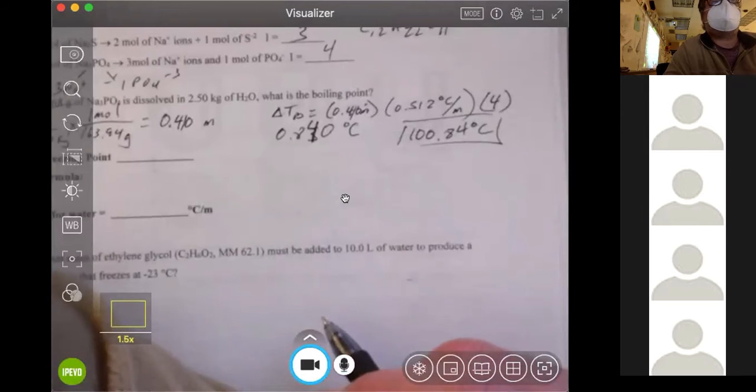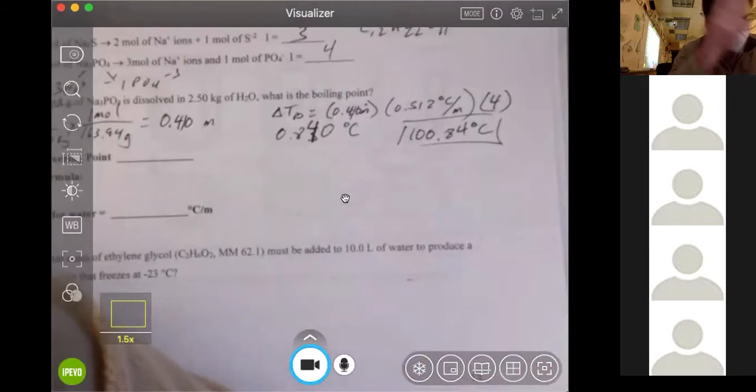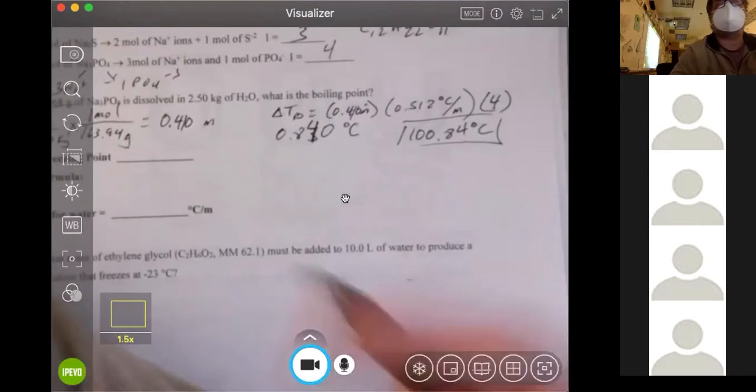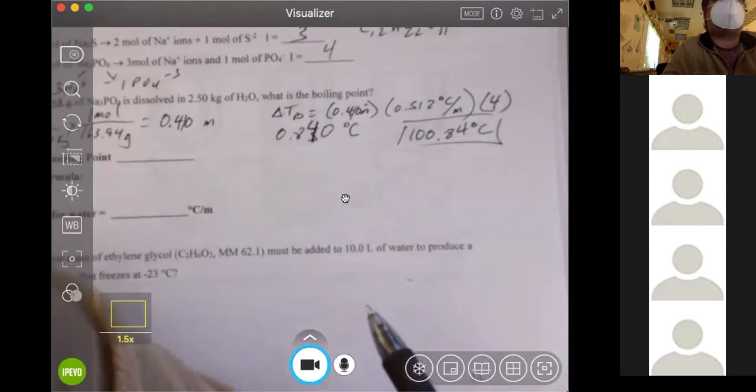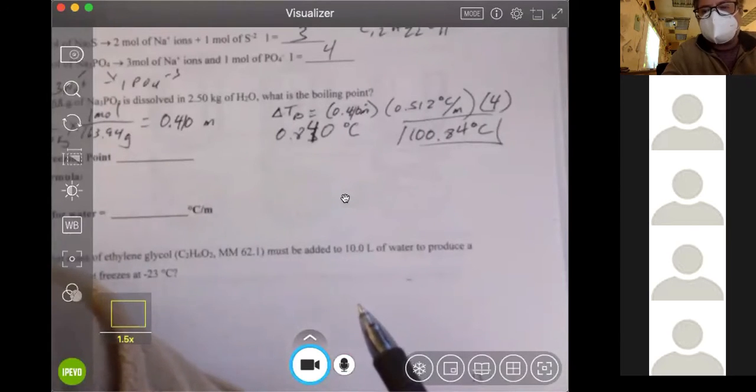How many of you drive yet? Are you old enough to drive? Yeah, some people in here drive. If you drive, there's something in your car that you have to add to the engine called engine coolant. That engine coolant is ethyl glycol. When you add it, it raises the boiling point of the water going through your car, so that it doesn't boil when your car is as hot as it is.